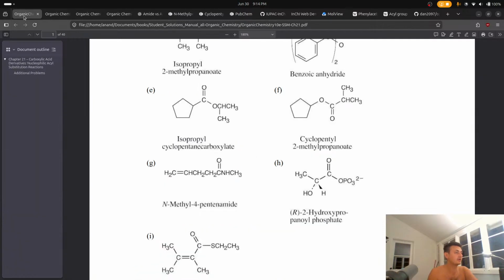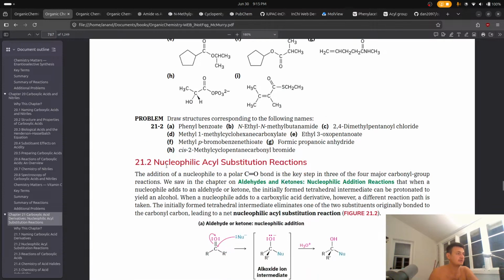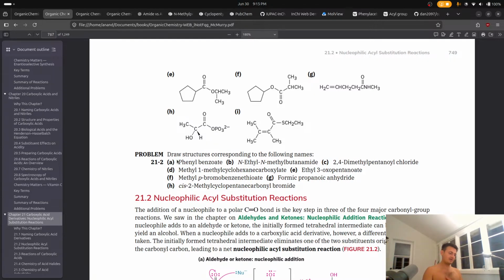Let's see, did I get it right? Ethyl 2,3-dimethyl-2-butene thioate. All right, good stuff. Ooh, now we get to draw. Drawing sucks. Okay, phenylbenzoate.